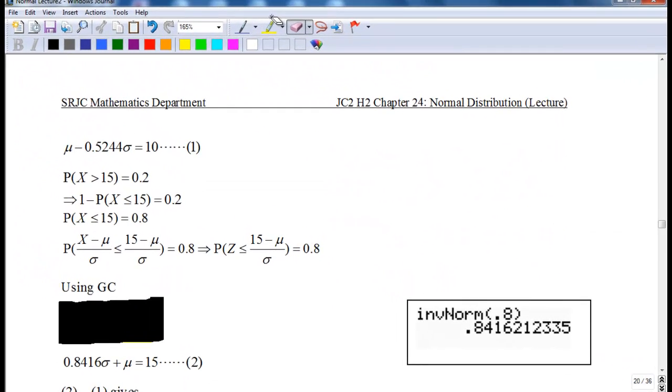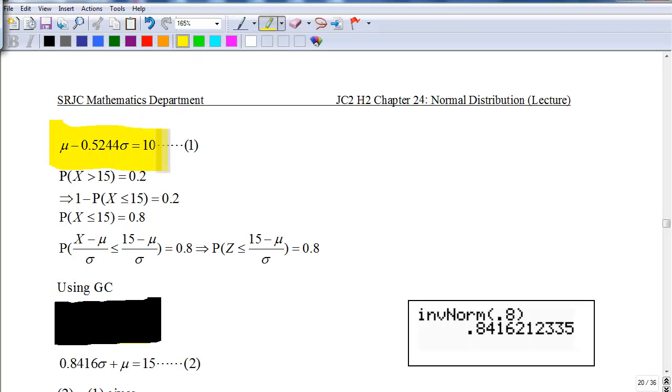Rewriting the previous equation gives me this line here. Now to find the second equation, I use the probability x bigger than 15 is 0.2. First of all, I want to rewrite this as less than, because I want to use the inverse norm function. So I'll change the bigger to less than or equals to using the complementary. Then I'll rewrite everything: I bring the probability x less than or equals to 15 to one side, and when I bring 0.2 to the other side, 1 minus 0.2 becomes 0.8.